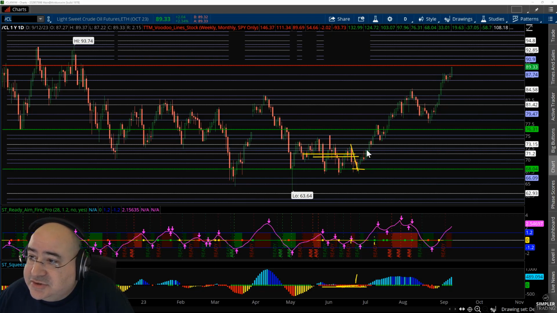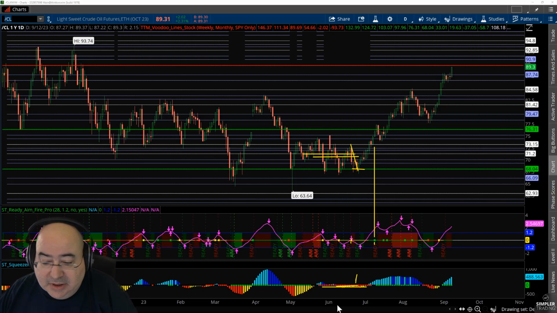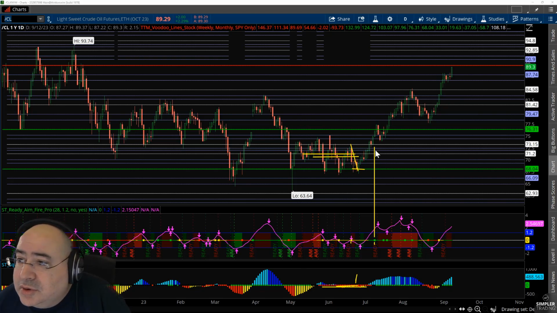It's just these little squares that appear on the center line, and just like the squeeze, it's not directional. So it doesn't tell you by itself that it's heading up.